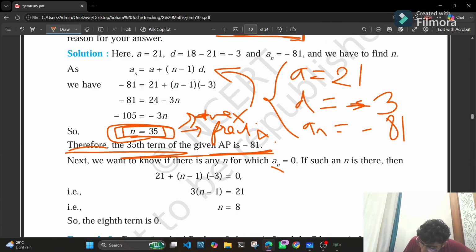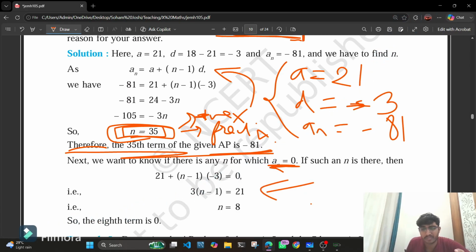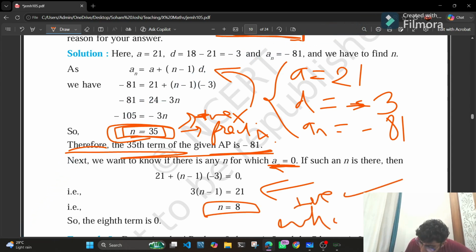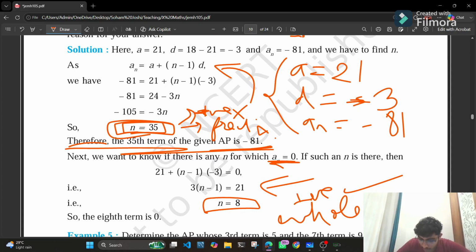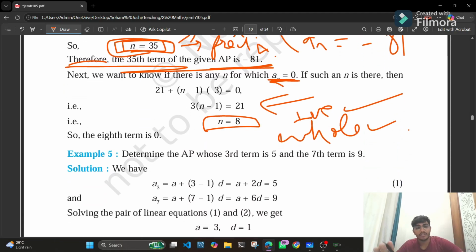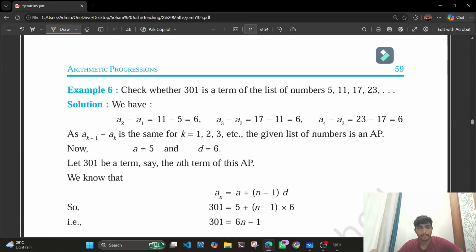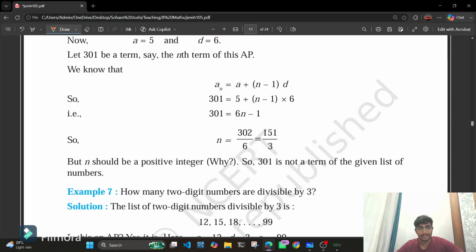So we put an equal to 0. Putting it in the formula of the nth term of AP, we get n equal to 8. So n is positive and n is a whole number. Therefore, the eighth term of the AP is 0. I hope that is clear.